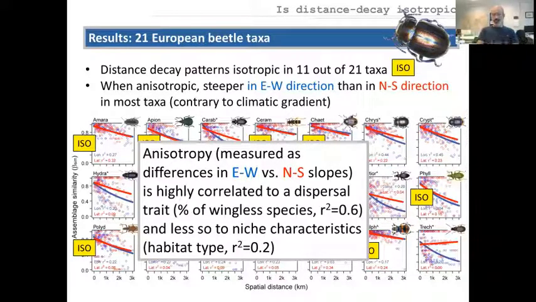In turn, among niche attributes, habitat type is the only niche characteristic that we found significantly correlated with the degree of anisotropy; it explains much less variance, and this variance is nested within the dispersal traits.